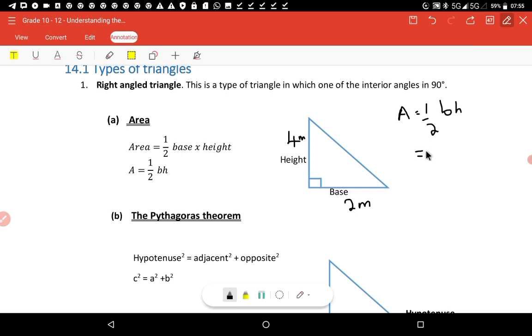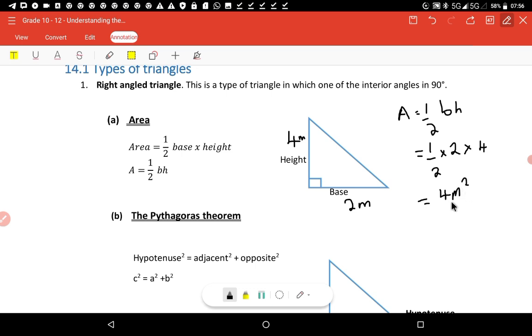So half times base, that is 2, times your height, which is 4. Calculating this, 1 by 2 is 2, 2 by 4 is 8, 8 divided by 2 is 4. So you get 4 meters squared.